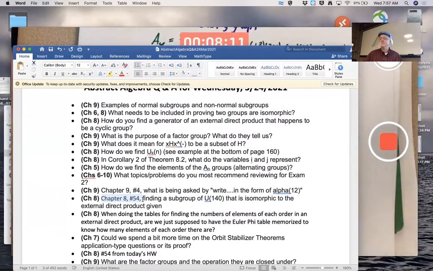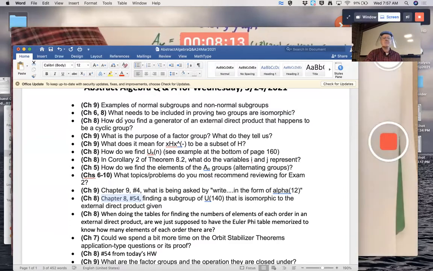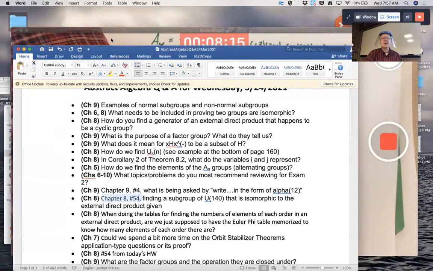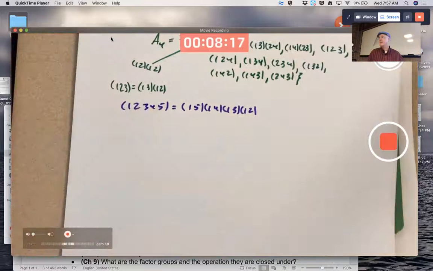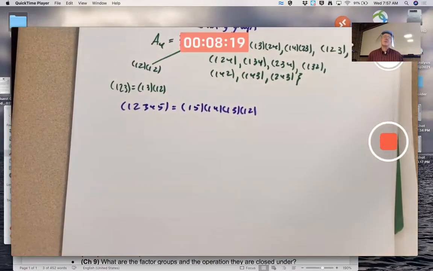In general, first some general comments. To show 2 groups are isomorphic, you've got to come up with an isomorphism. You've got to find a function from one group to the other that's one-to-one, onto, and operation preserving, and then prove all those things. Sometimes it's easy, sometimes it's hard. Okay.